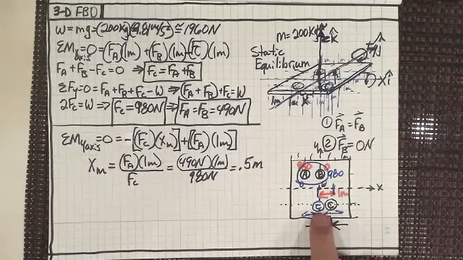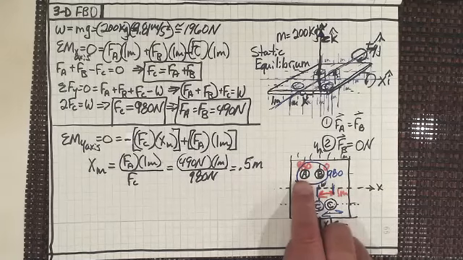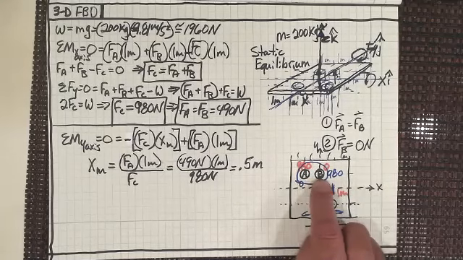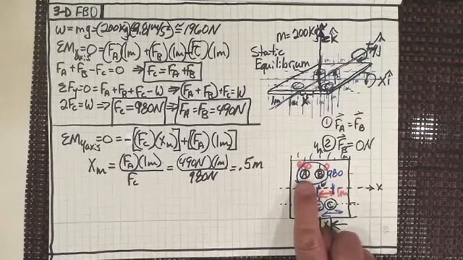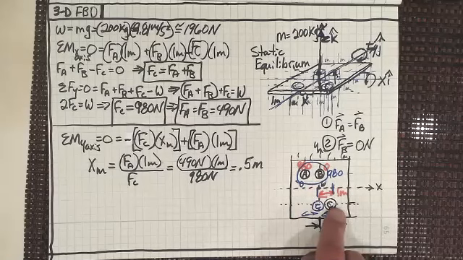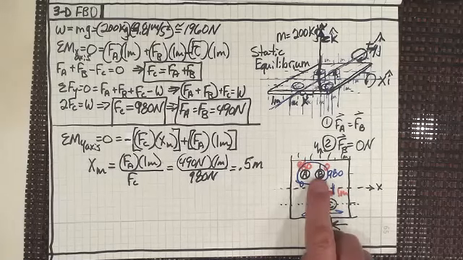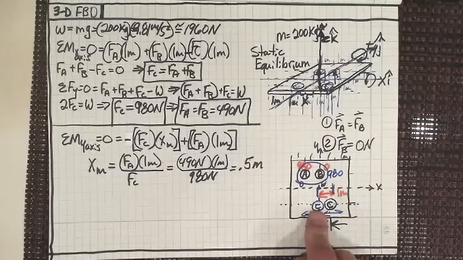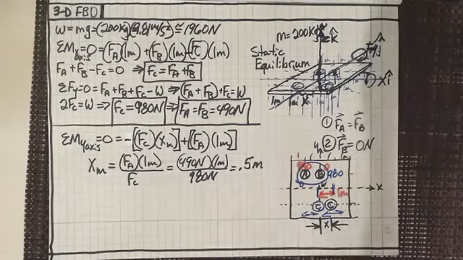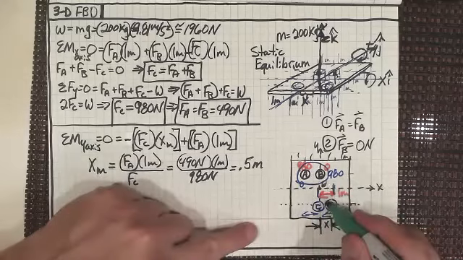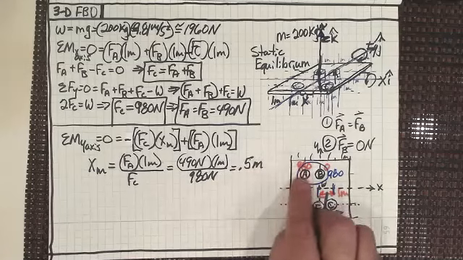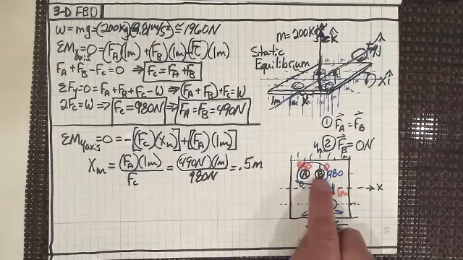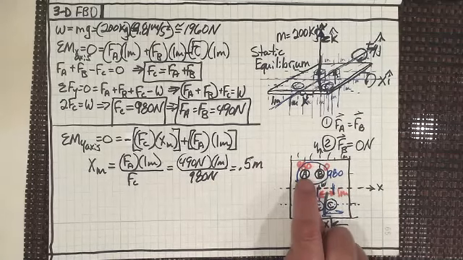Just by moving C from here to here, I'm going to shift all of the weight from this one column all the way to the other column. Do you see what I mean? If I have the weight right here, all of the weight is on A and C. If I have the weight right here, all of the weight is on B and C. But if I have the weight right in the middle, then the weight is going to be evenly distributed between B and C, right?